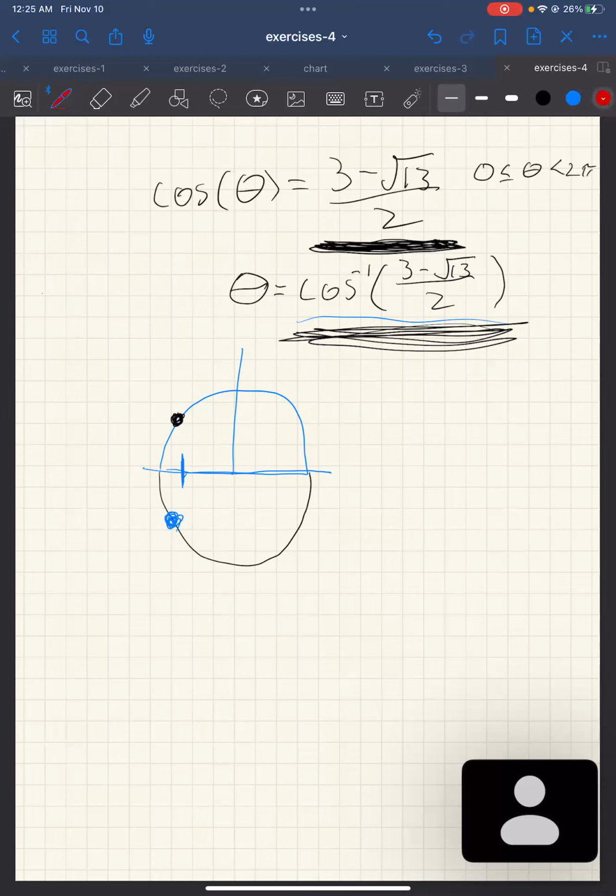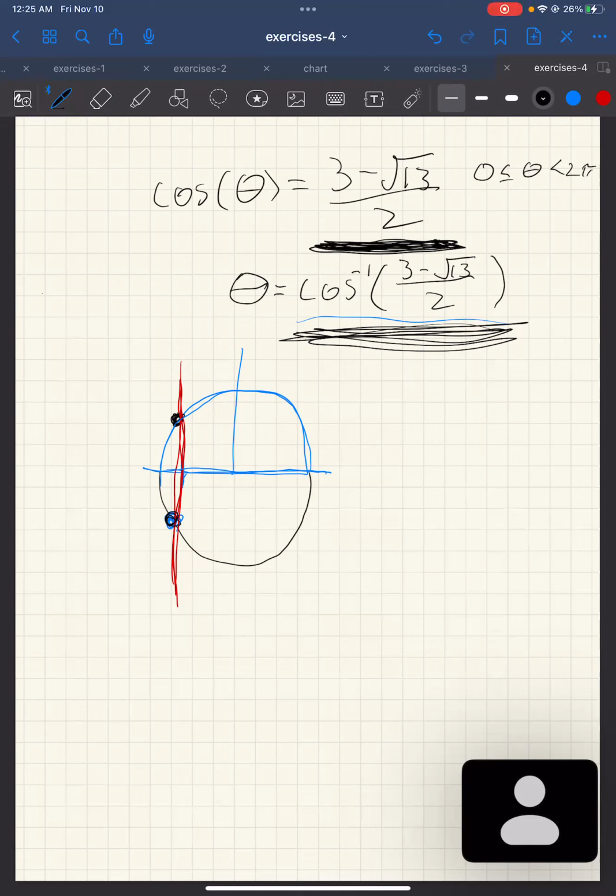We can draw the line x equals this horrid number, and it goes through 2 points. So there's two answers from 0 to 2 pi that we need to figure out. One of them is this one in the blue on the top part of the unit circle, that is the cosine inverse. But we need to figure out how to get this other number.